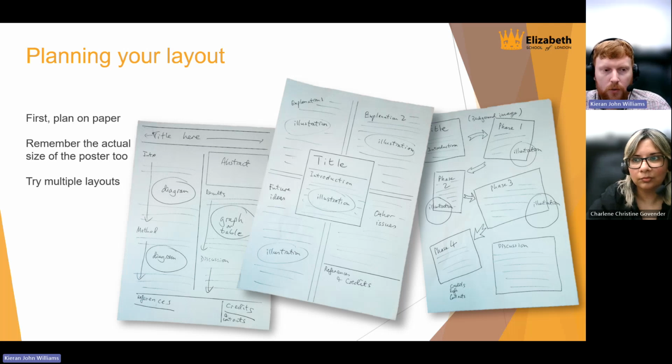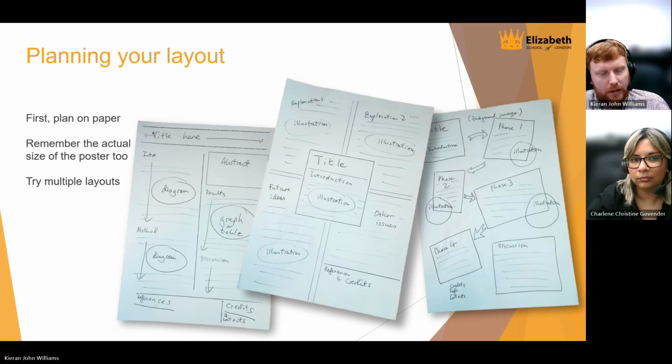If you have a look here on the screen, there are a few more different ways that you could plan your layout. There are lots of possibilities for layout, but maybe think about sketching it out on paper first, just to get a general idea of how it looks and how things are able to fit in here and there and everywhere.